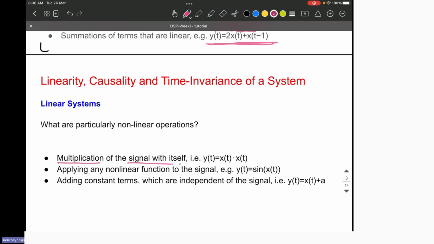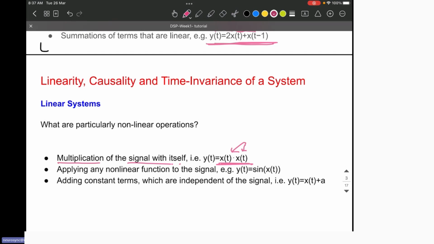If you find signals multiplied by each other, that is multiplication of the input signal, so this is nothing but x square of t. If you find a system expression like this, then you can say directly that this particular system is non-linear.